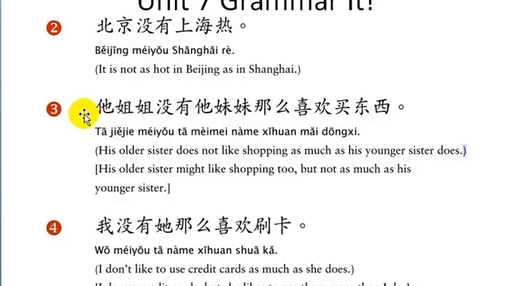Here we have 他姐姐没有他妹妹那么喜欢买东西. Okay, his older sister does not like shopping as much as his younger sister. So his older sister, 没有, his younger sister, 那么 likes shopping.